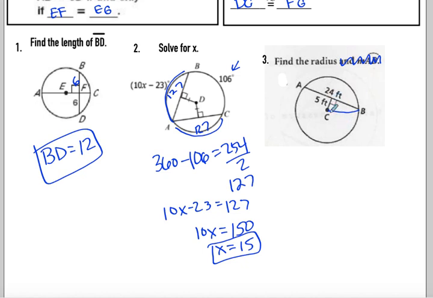Remember that this is a piece of a diameter, and if it's making a right angle to a chord, then it splits the chord evenly, which would make each piece of that 12, making this portion of the triangle 12. So we're going to do the Pythagorean theorem. 5 squared plus 12 squared equals c squared, which would give us that c is 13, making the radius 13 feet.